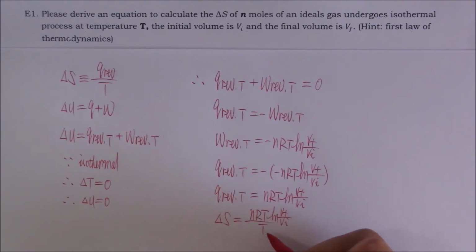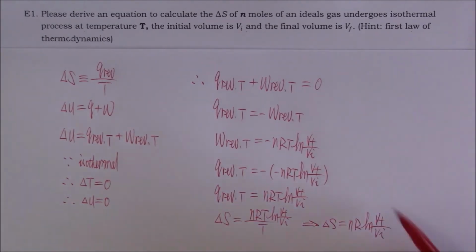T and T will cancel. Okay, this is the equation to calculate the entropy change for an isothermal process.